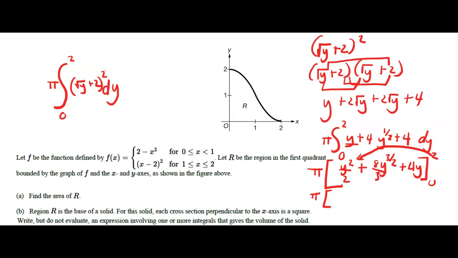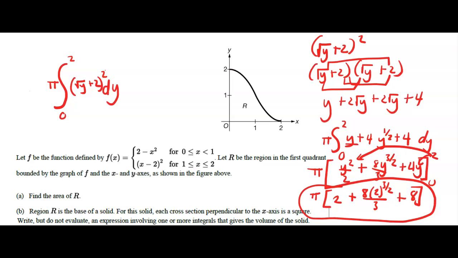I get 4 over 2 is 2, plus 8 times 2 to the 3 halves. I'm not going to simplify that. I'm just going to leave it. And then plugging in 2 here, I get 8. And then plugging in 0 would be kind of pointless because it's just going to all be 0. And I'm going to leave my answer like that because it's an FRQ and I don't have to simplify with FRQs. Okay? So that'll be it for part C there.